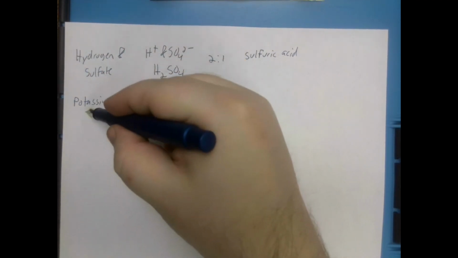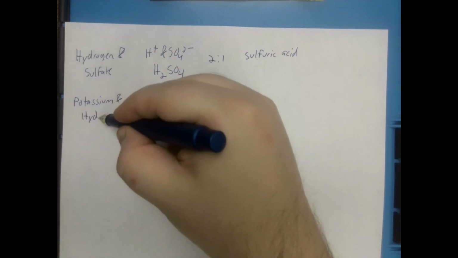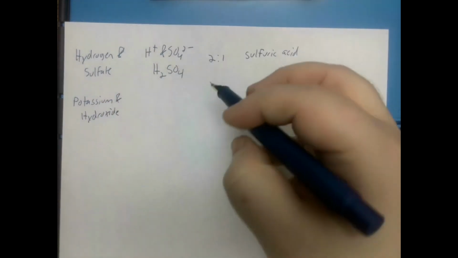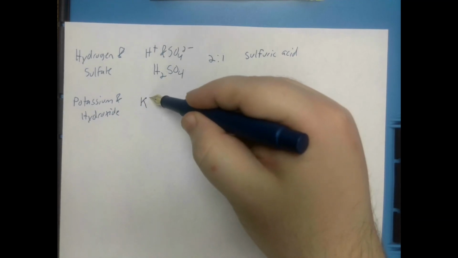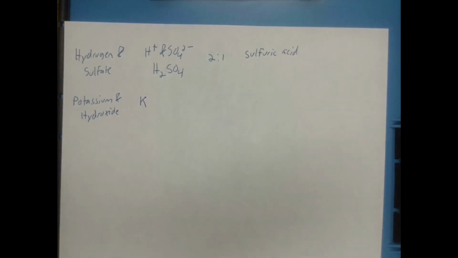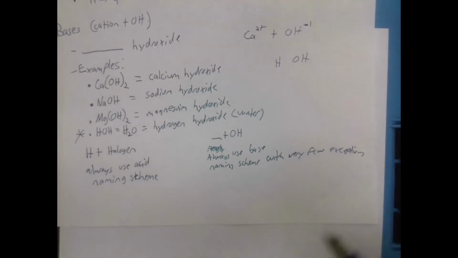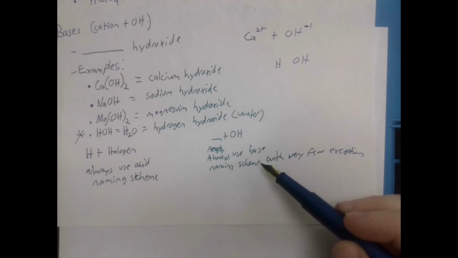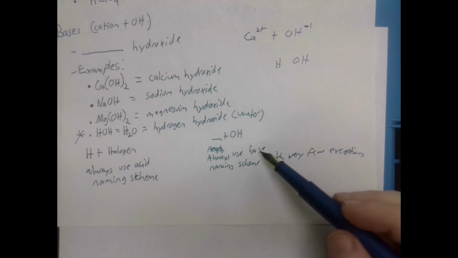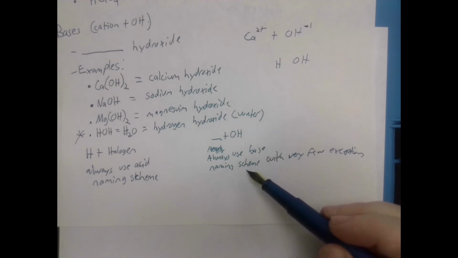Potassium and hydroxide. I would like to note also, I said this: for blank and OH, always use base naming scheme. Is the base naming scheme any different from the ionic naming scheme?